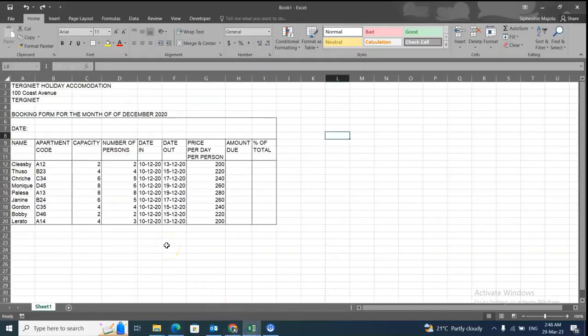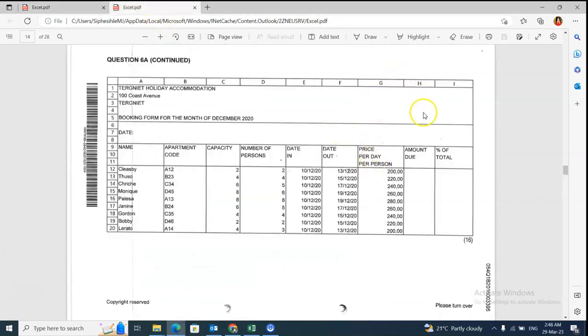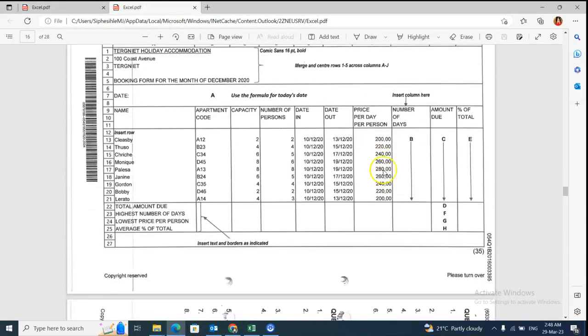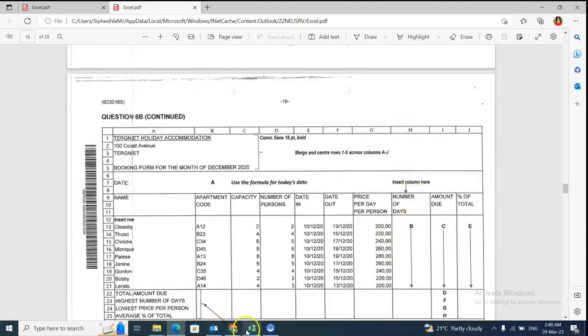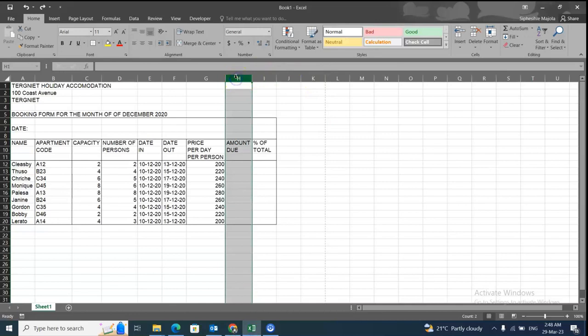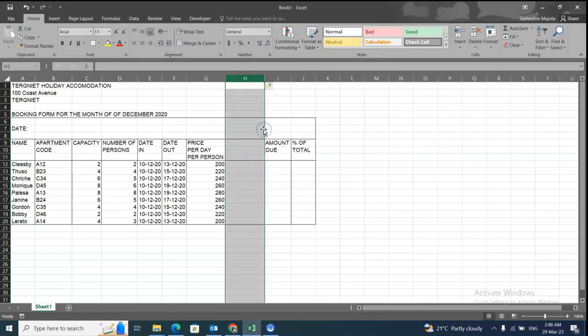Okay. So now in column H, as indicated, column H should now be number of days. So I'm going to place my cursor there, right click on my mouse, and I'm going to say insert.